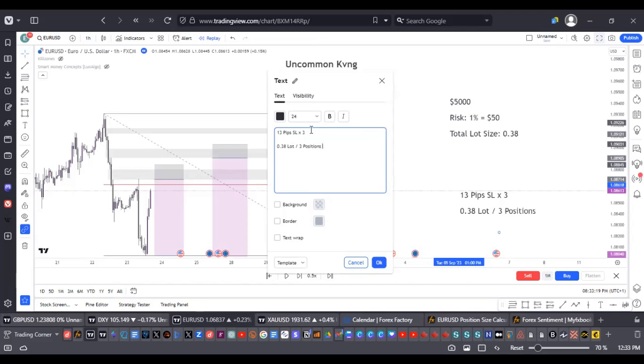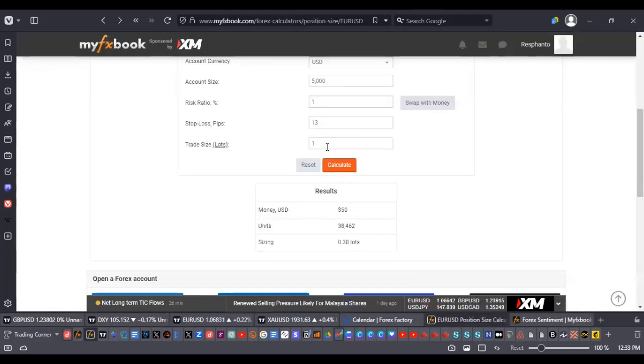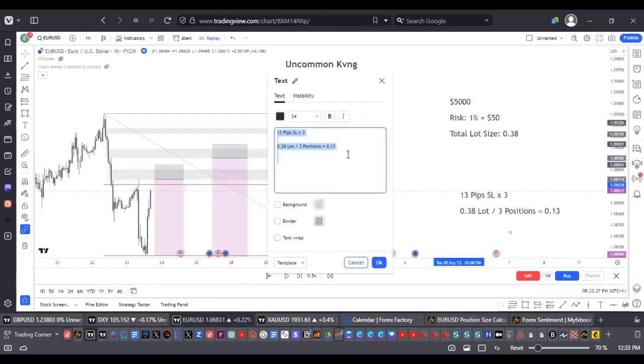Which will give us, I think it should be 0.13, right? Am I correct? Let me check. Yeah, which will give us 0.13 per position.